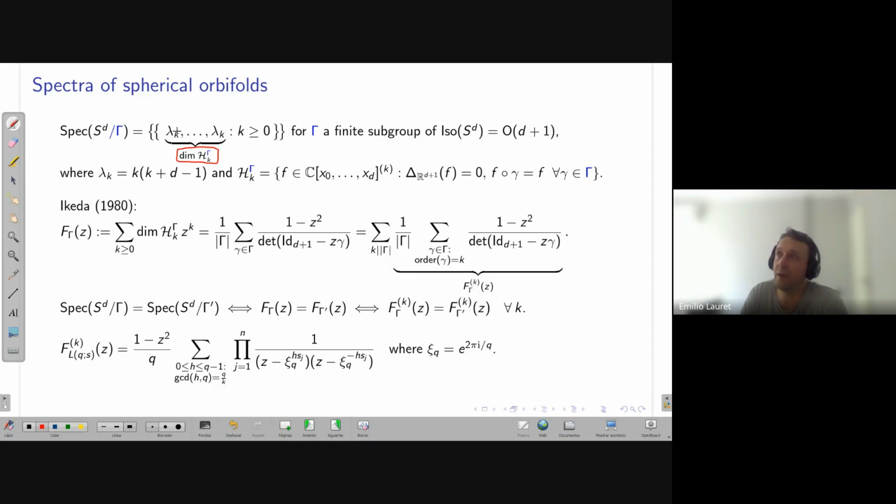We said that the eigenvalues are the same, only the multiplicities are affected by quotient by gamma. So we take these numbers, which are parameterized by non-negative integers, and we put them in a power series. This is a very usual way in combinatorics.